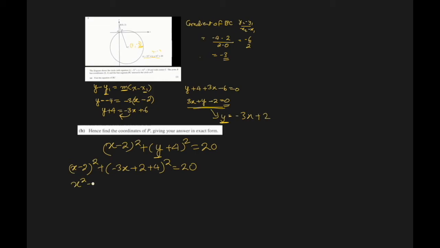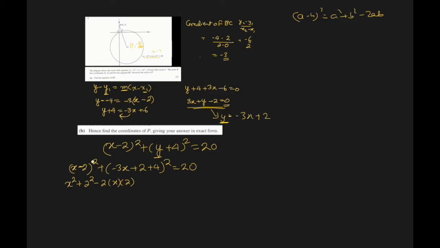Let's use the a minus b identity here, a minus b whole squared, which is a squared plus b squared minus 2ab. So that's what we're going to do here, a squared plus b squared minus 2ab.